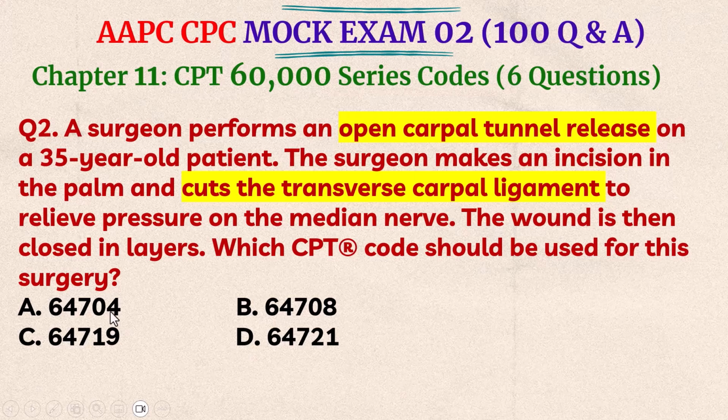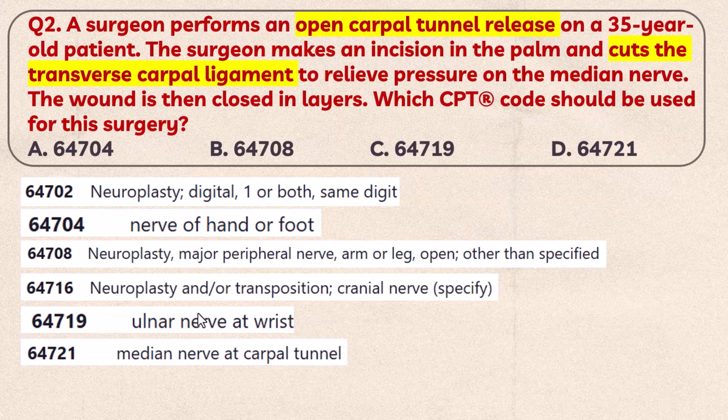Once you look at the answers, all answers are adjacent, so you can use the elimination method for the examination purpose. Once you go for the codes, 64702 is neuroplasty, digital, one or both, same digit. 64704 is nerve of the hand or foot.